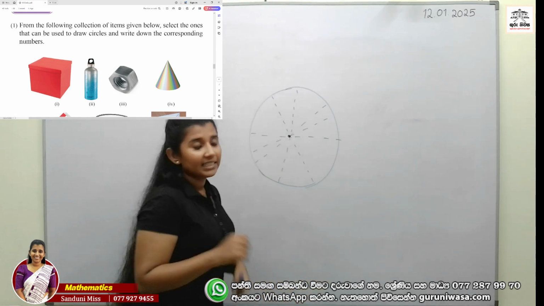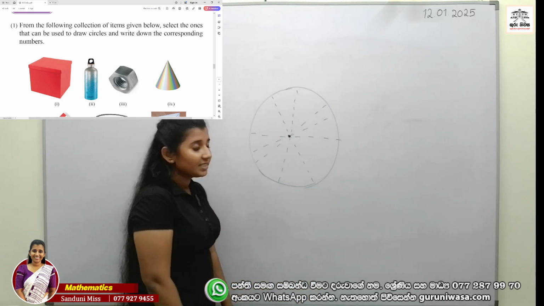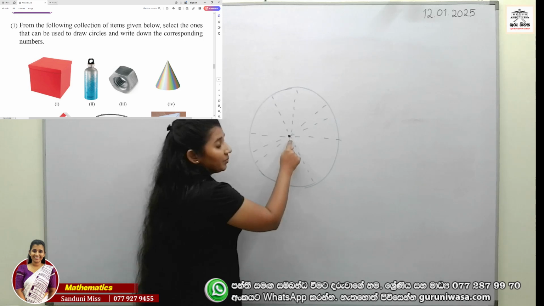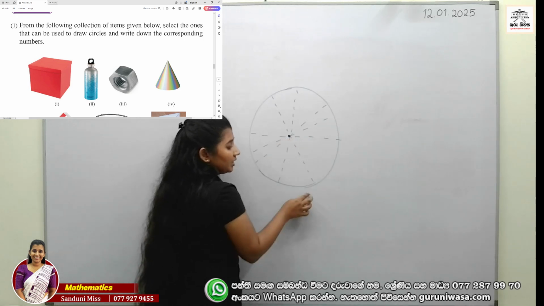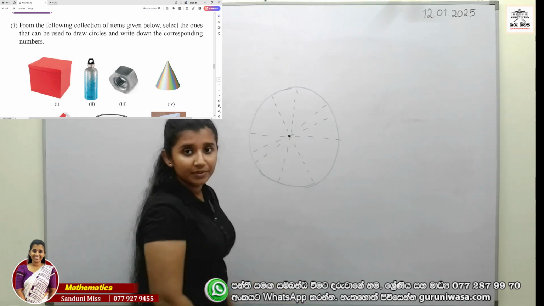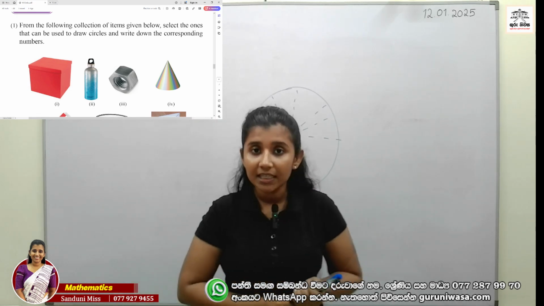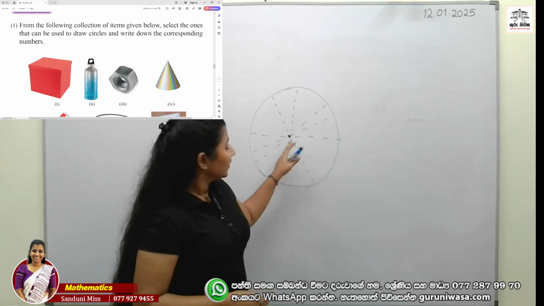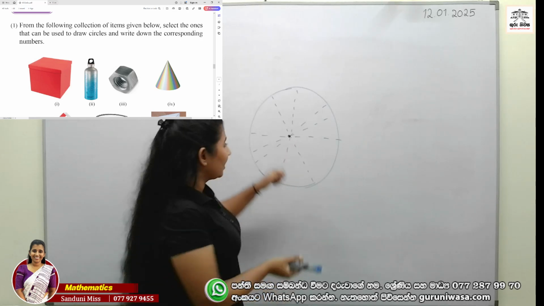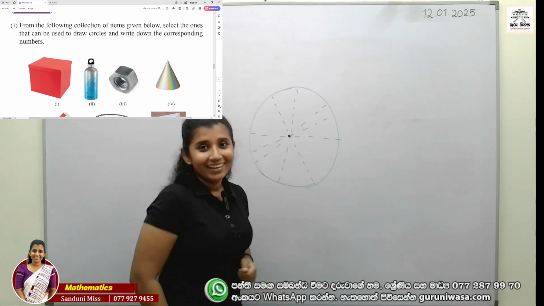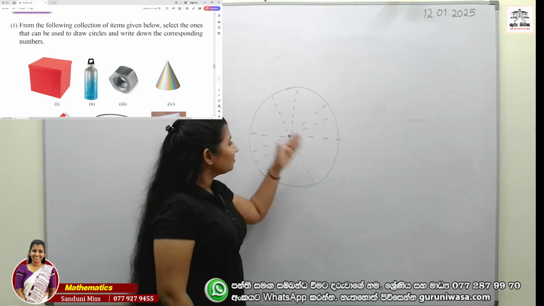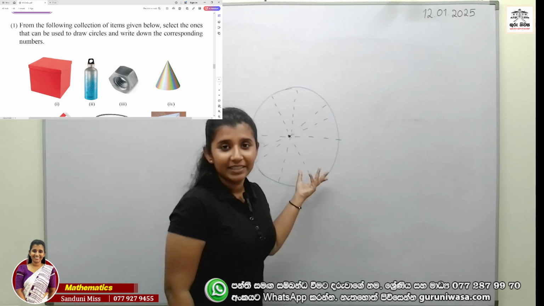In a circle, it is the special characteristic that from the center to the circumference, all the distances are the same, the four lines, see? We measured using the ruler. We kept the ruler and we measured it. I hope you can remember. So this is how we can identify a circle.